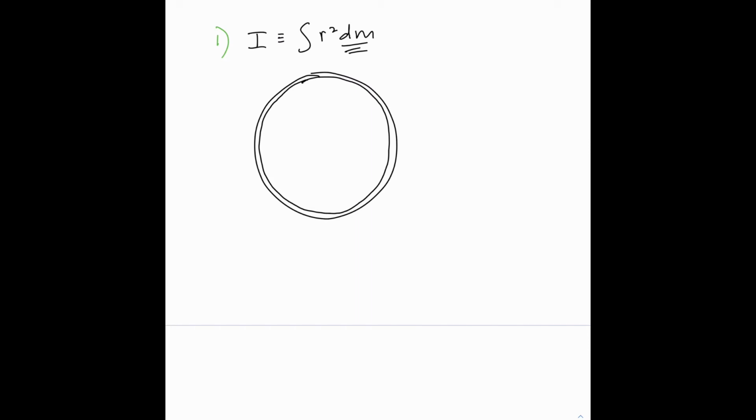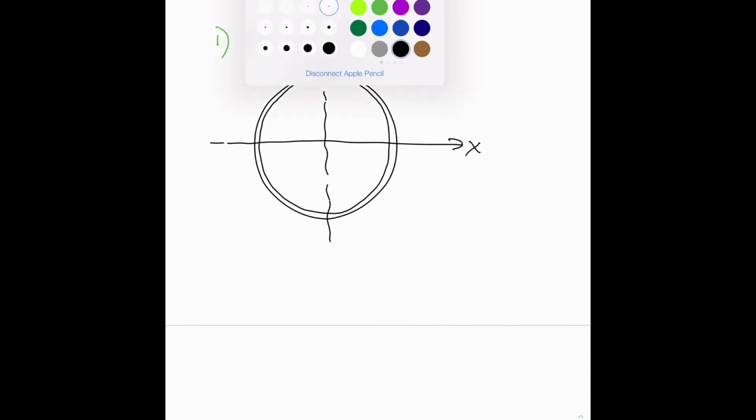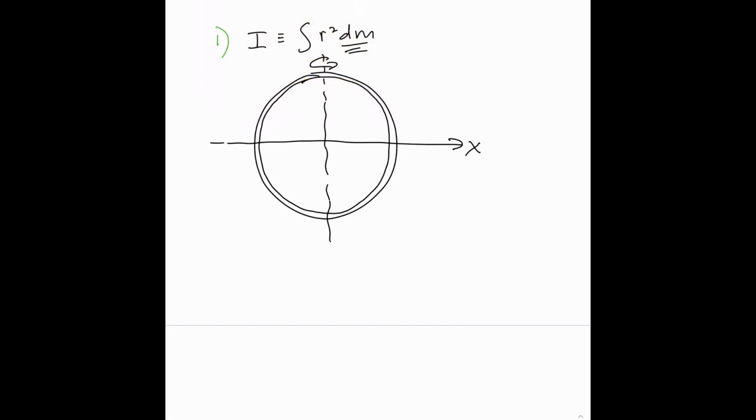That's the axis of rotation. I'll also draw some x-axis. And let's pick just one of these rings that can be banded together to make one complete spherical shell. Here we go. Okay, there it is.